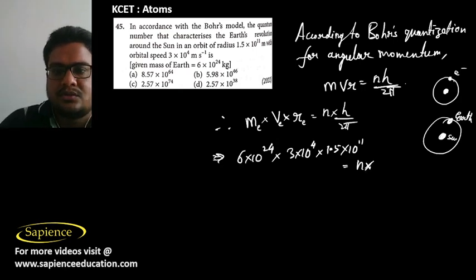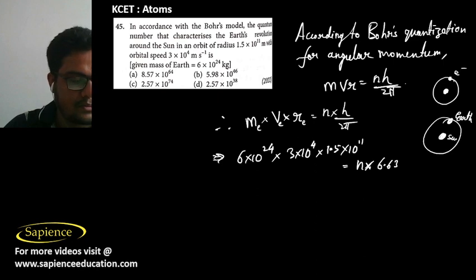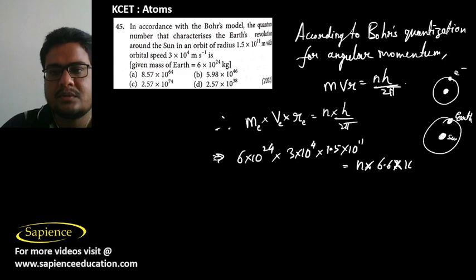n into h is equal to 6.63 into 10 power minus 34, divided by 2 pi, that is 2 into 3.14.